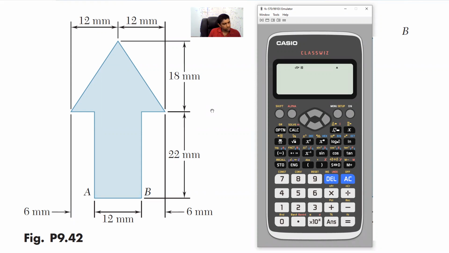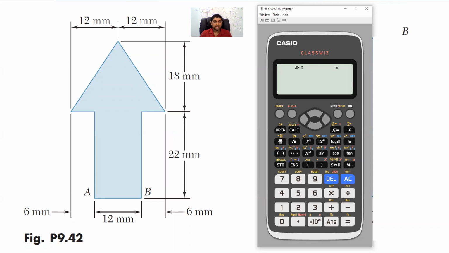Then I'm moving to question number 42. In 42, we have to find the centroidal Ix and Iy, parallel to and perpendicular to AB.